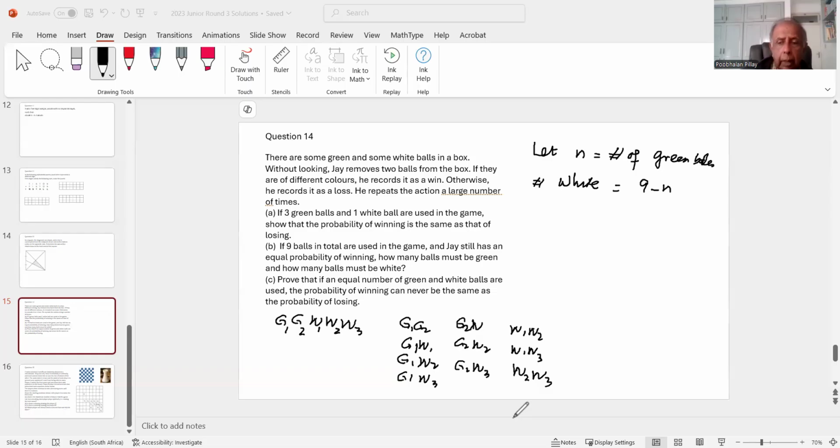Now let me count the number of ways in which he loses. I'm going to put a tick for those. He loses here, here, and here, because he's got 2 of the same colors. And he also loses here. But in all the other cases, he wins.